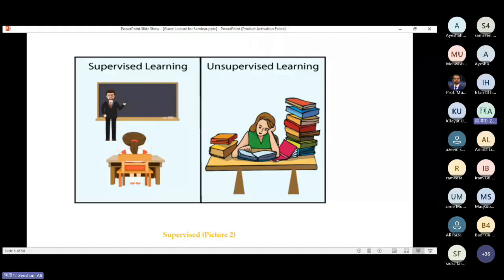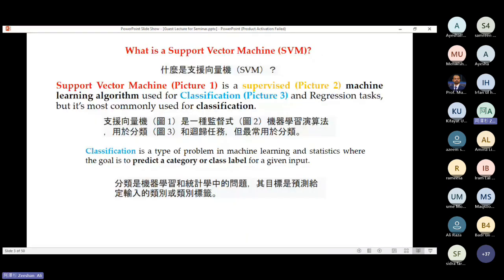I have also included the proper definition of supervised and unsupervised in this lecture, but this is the graphical representation of supervised and unsupervised. So support vector machine is a supervised machine learning algorithm used for classification and regression tasks, but it is most commonly used for classification.